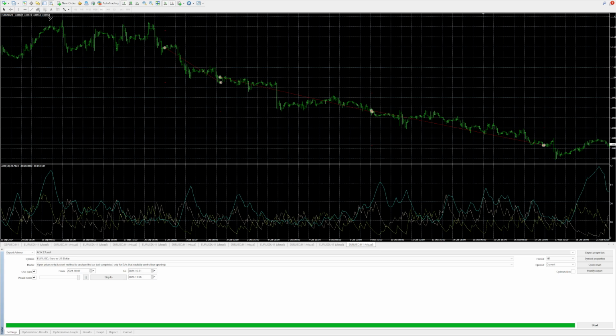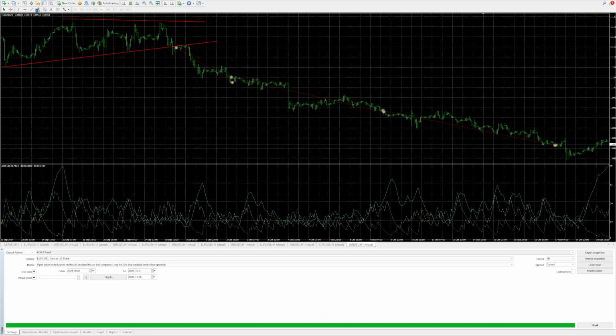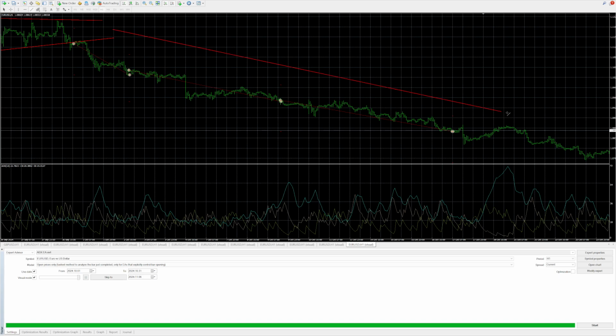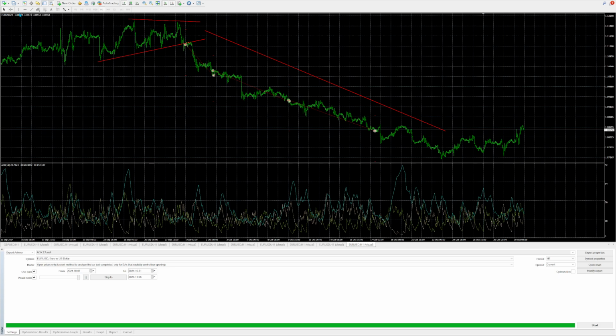And why am I not satisfied? Let me just draw my lines, just because it's a force of habit. I've got OCD line drawing. So perfect, we caught that trend beautifully on the way down, but we still didn't have the ideal place for a stop loss.